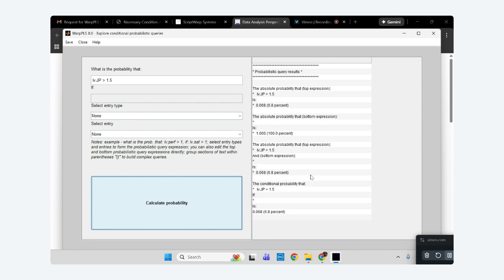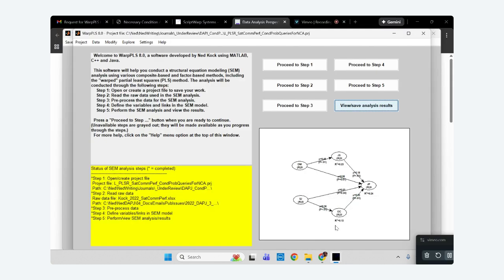So here, this is an interesting probability to consider. This could be a target. So I want to know the necessary condition with respect to OC, which is one of the predictors of JP, and the one that most strongly influences JP. This path coefficient is 0.33, this is 0.18, so this is the strongest predictor of JP.